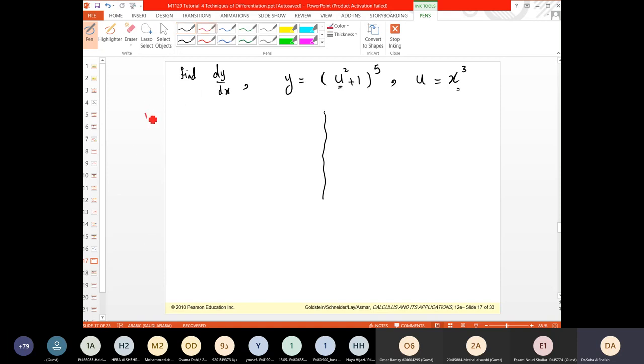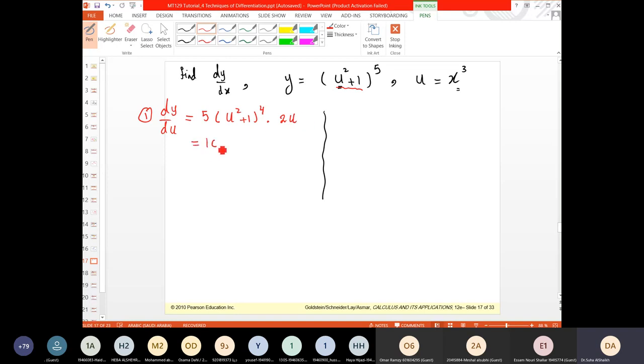So the first step, I will find dy by du. It's equal to 5 في u square plus 1 to the power 4. The derivative of what inside? What inside is u square plus 1, so the derivative is 2u.